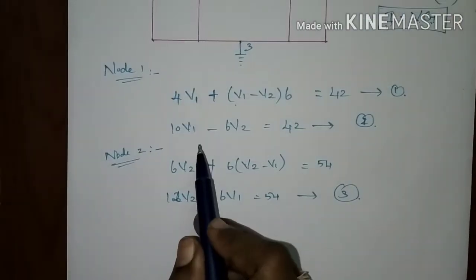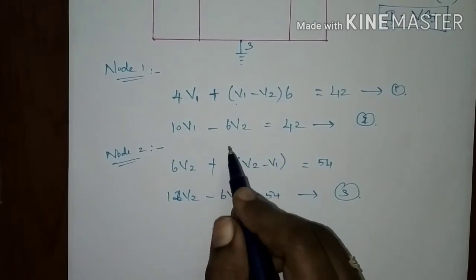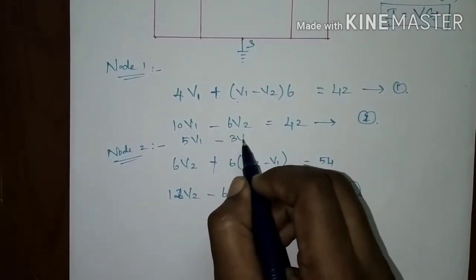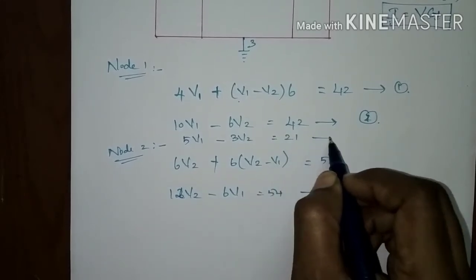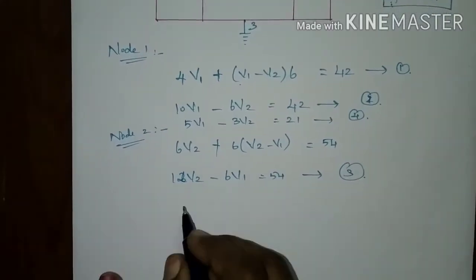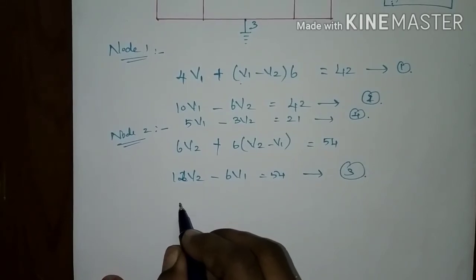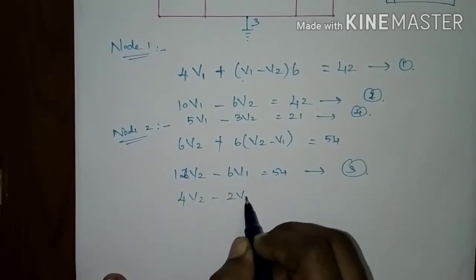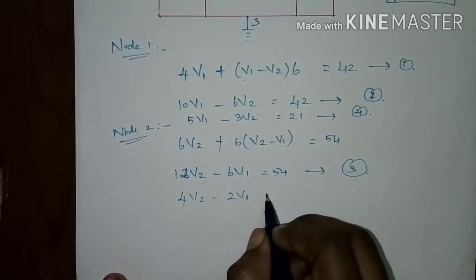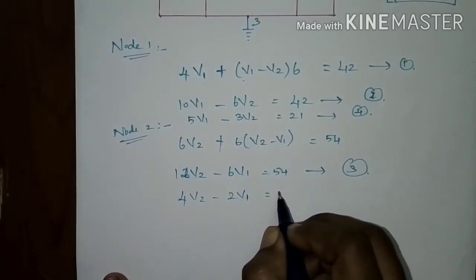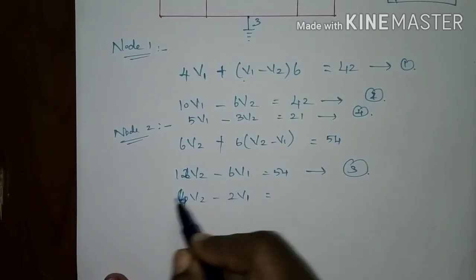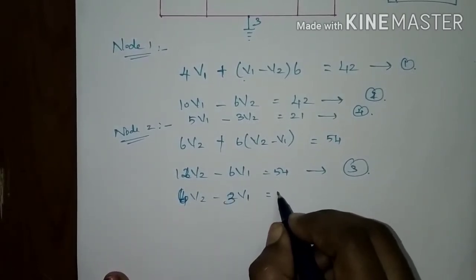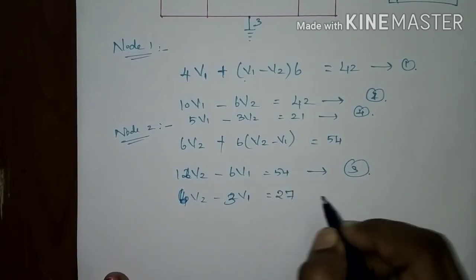Now, the second equation can be further reduced, divided by 2, that is 5 V1 minus 3 V2 is equal to 21. Take this as 4. And the other can be further reduced, 12 V2 minus 6 V1 equals 54, divided by 2 gives 6 V2 minus 3 V1 is 27.